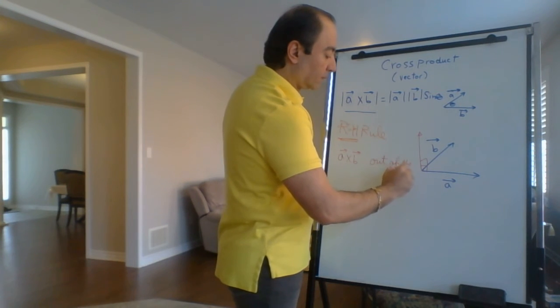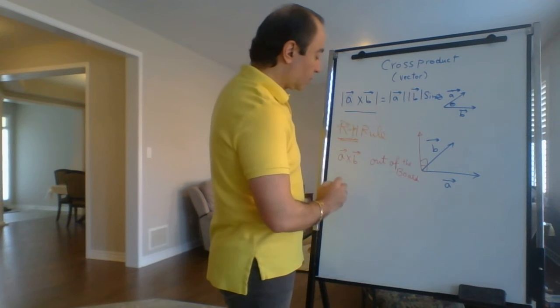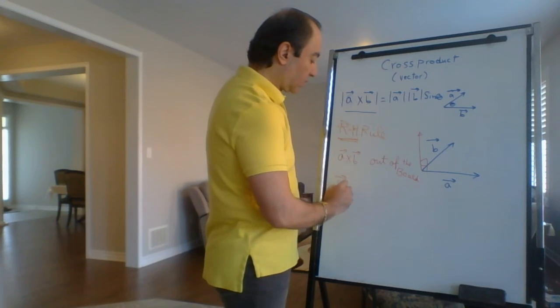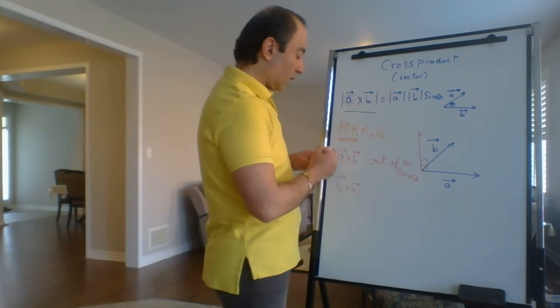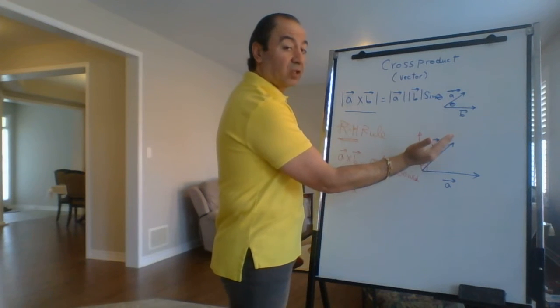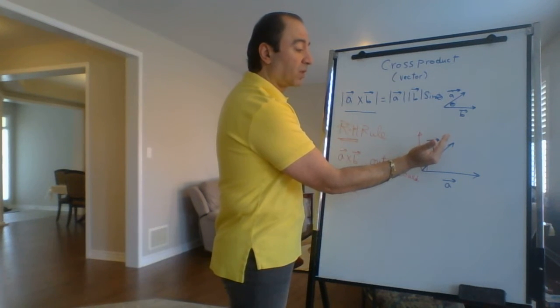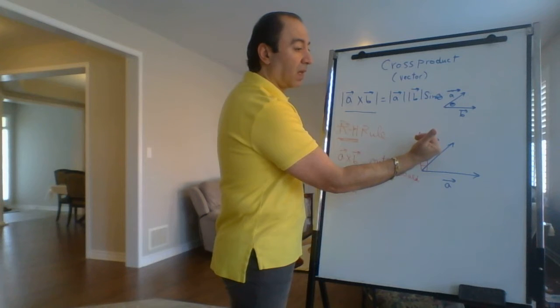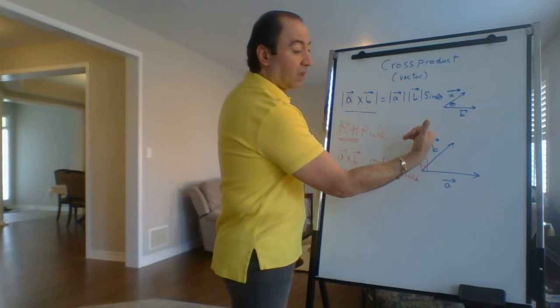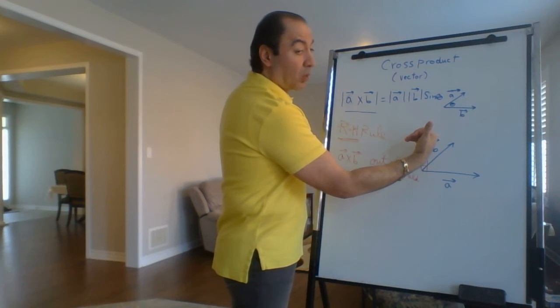Let's say I want to do the opposite, B cross product A. I'll put my right hand in the direction of B and try to curl my fingers to reach vector A. If I do it this way, I will not be able to, because my wrist will be broken.